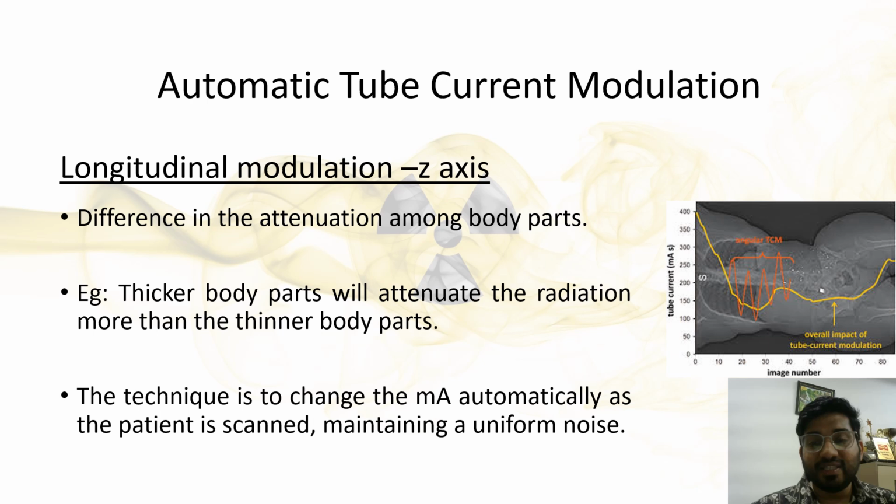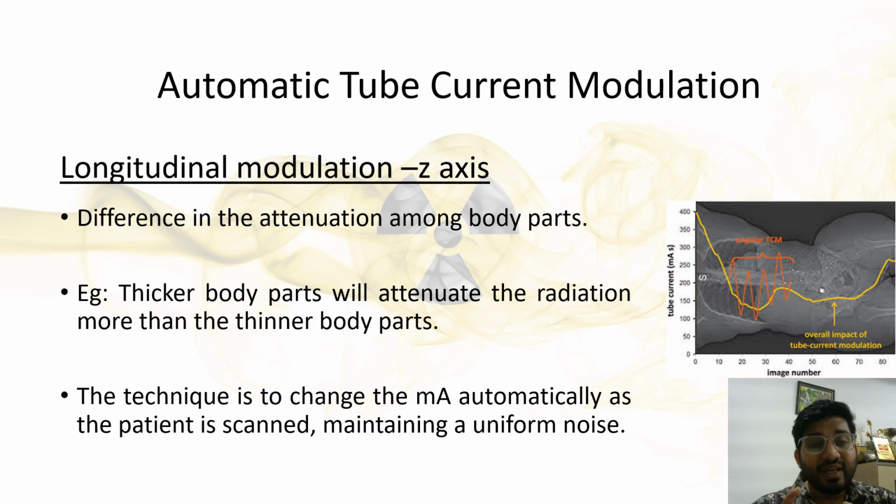You can see from this picture the yellow line passing through. At the shoulder level, you can see the yellow line is at 400 MA. When you go to the chest level, you can see it is reducing to nearly 100 and below 100 somewhere in the chest thorax level, and again at the abdominal level there is a slight increase, and when we move on to the hip level you can see a further increase in the radiation dose.